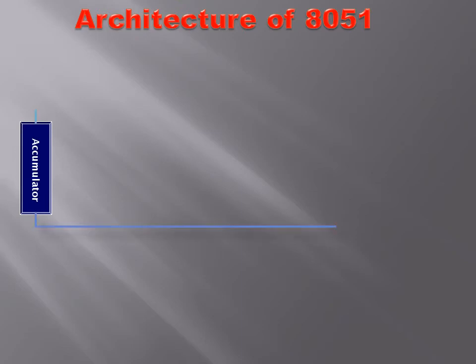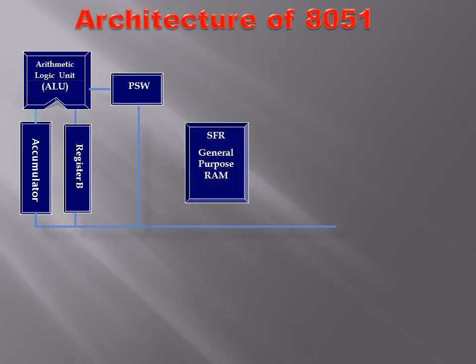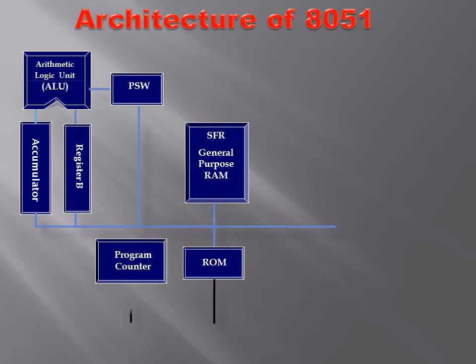The architecture of the 8051 is that we have an accumulator. To the accumulator we have the B register connected, and an ALU connected with the program status word. There is a structure that is connected to the 4 ports, and of course we have the general purpose RAM also. With the help of this we can program.